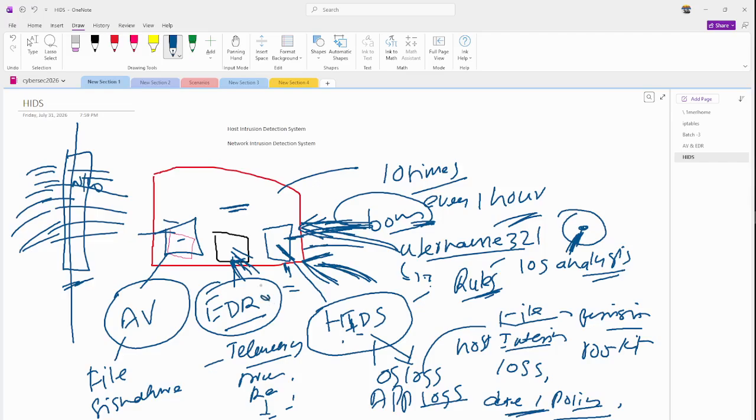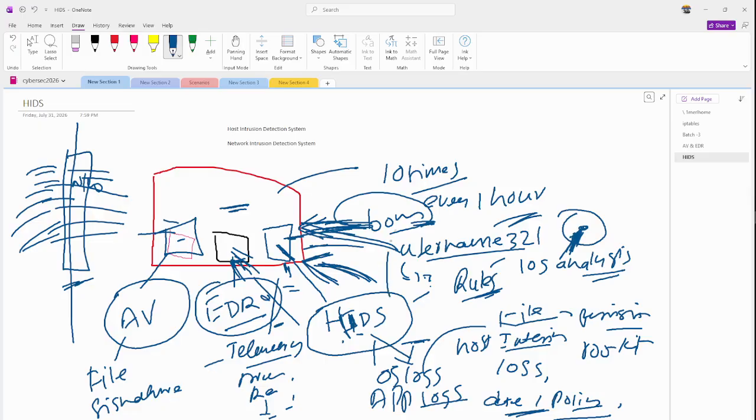Okay. So let's say EDR is not in this case. Then your HIDS will see, why is the kernel modified here? That is how you will require the HIDS, the host intrusion detection system. This is required for compliance auditing and server monitoring.